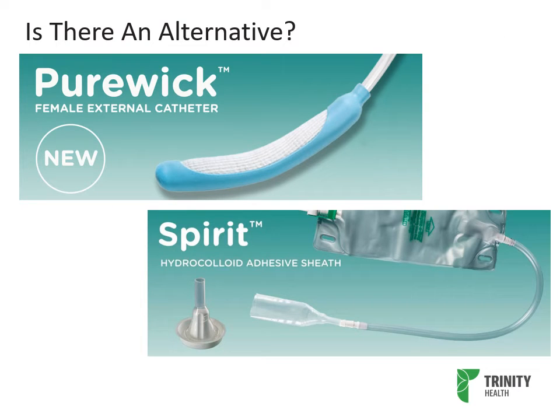Also, we can look at whether there is an alternative. We all know that for females we have the external catheter called the PureWick, and for our male patients we have the Spirit, which is the condom catheter. These products aren't for everyone, but we should at least try to assess and see if they would be appropriate for our patients.